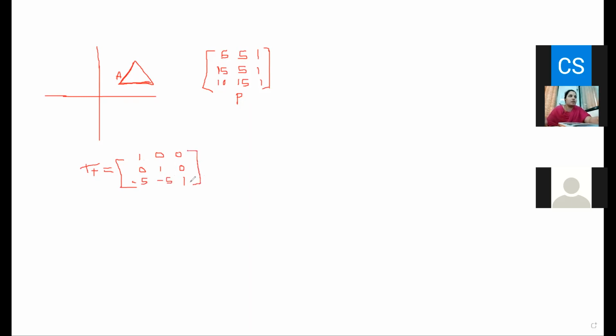This is your T translation, followed by T rotation. So what is the T matrix for the rotation? Here you are having the cos theta.